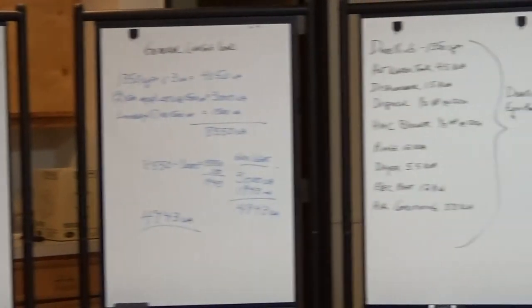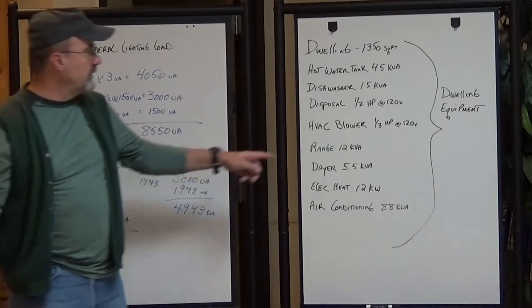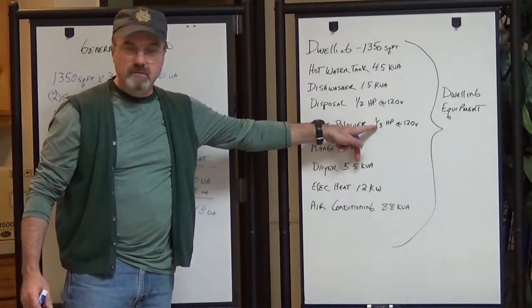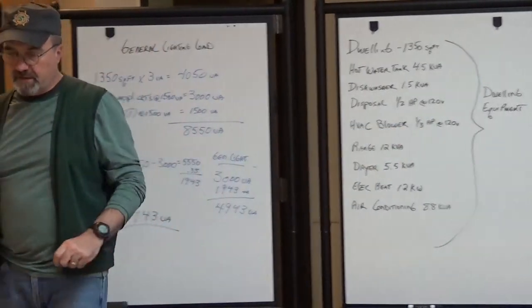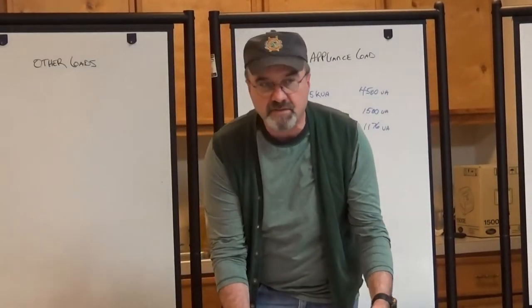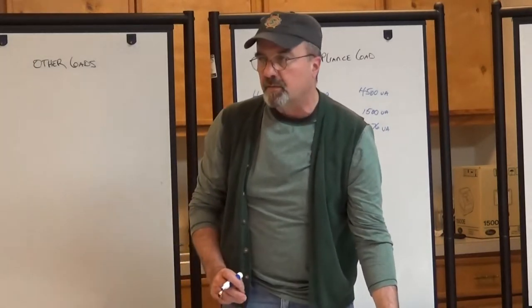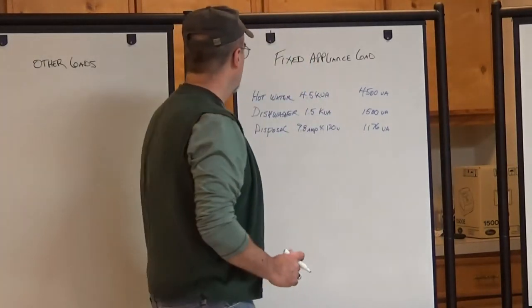Hot water. Oh, HVAC blower. The HVAC blower, which is at 1/3 horsepower at 120 volts, right? Mm-hmm. Okay. So in that same table, we look up 1/3 horsepower motor, and it's 7.2 amps.